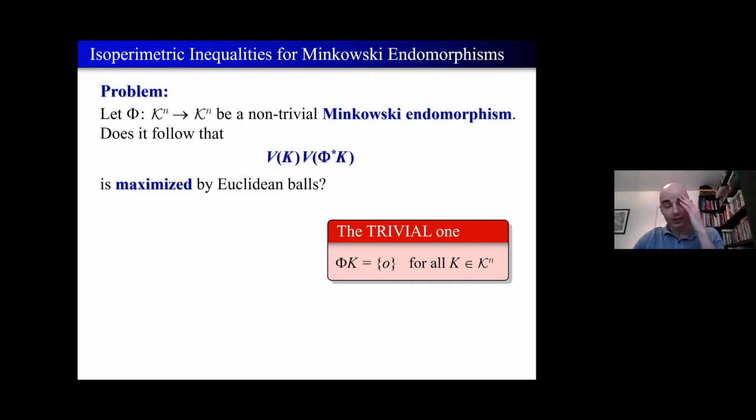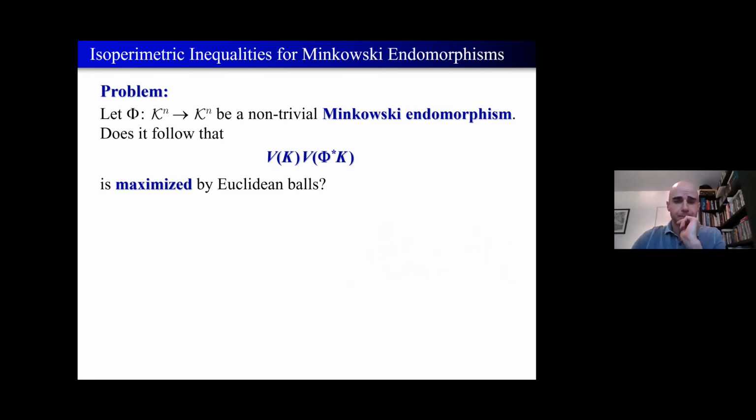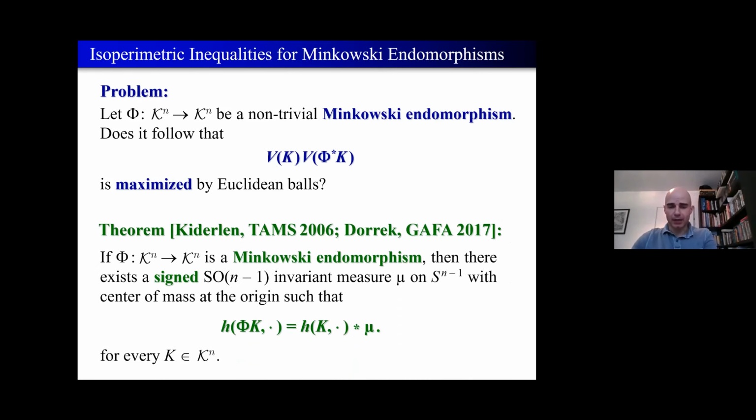So what I wanted to say, and what I mentioned already, is that there are lots and lots of these Minkowski endomorphisms. So where do you start when you want to tackle a problem like this? You have to get more information about these classes of maps. And luckily, this was already done in the past. There have been several papers, and I'm just mentioning two here.